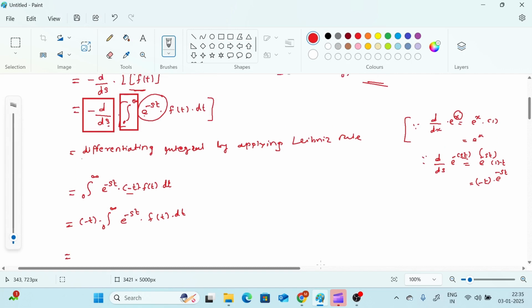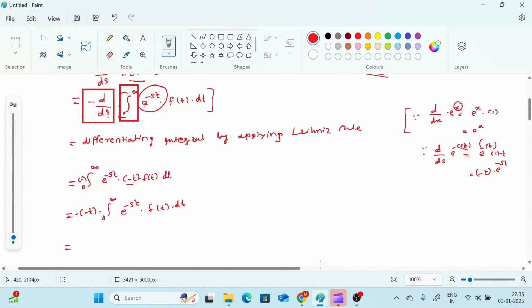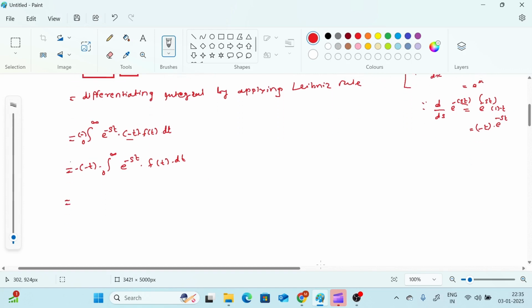Here I have not mentioned the minus sign because it is a minus here. So a minus minus becomes plus: t into 0 to infinity e raised to minus st f of t into dt.